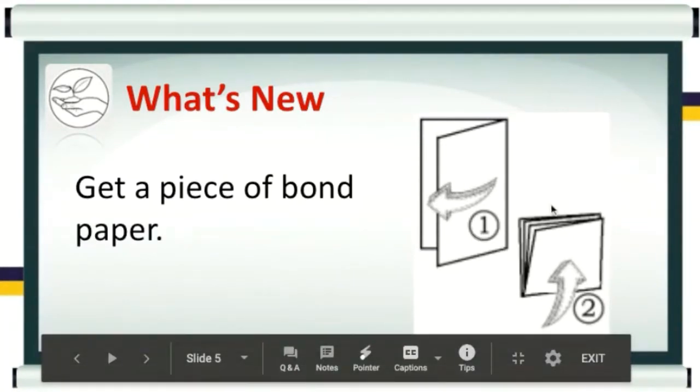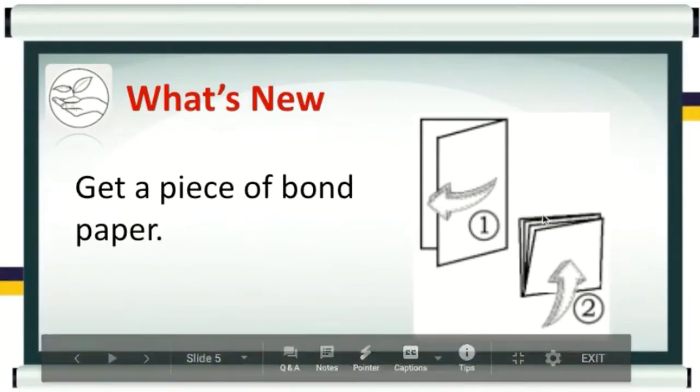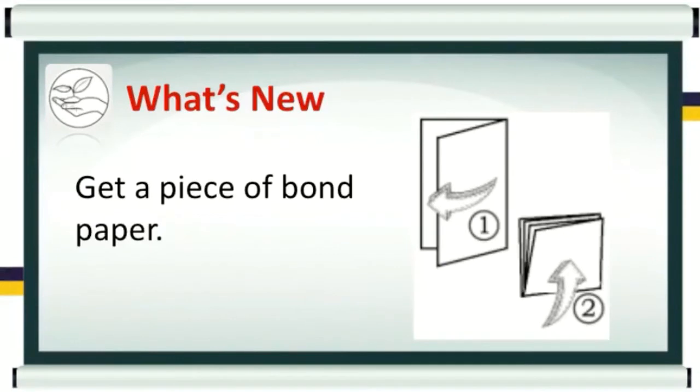Yes, sir. Good. Now, I want you to fold it in half. When we fold it, just unfold it afterwards. Now, my bond paper is long, so it is shaped like a rectangle.